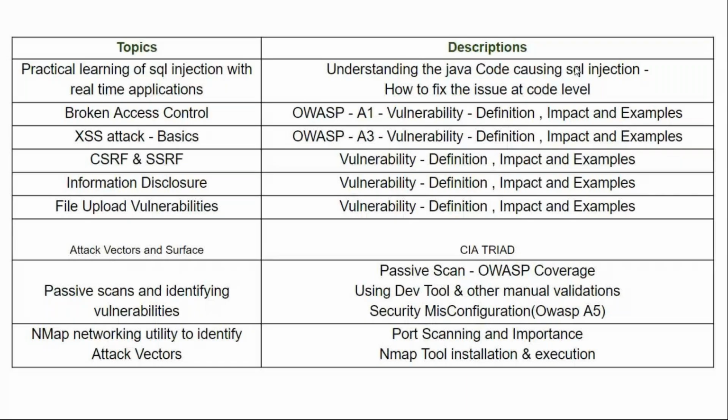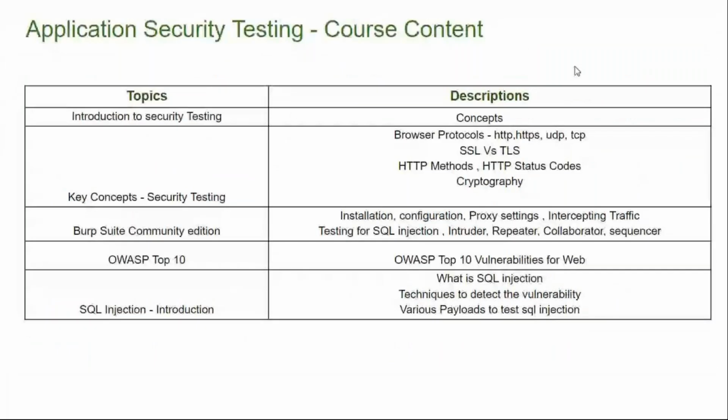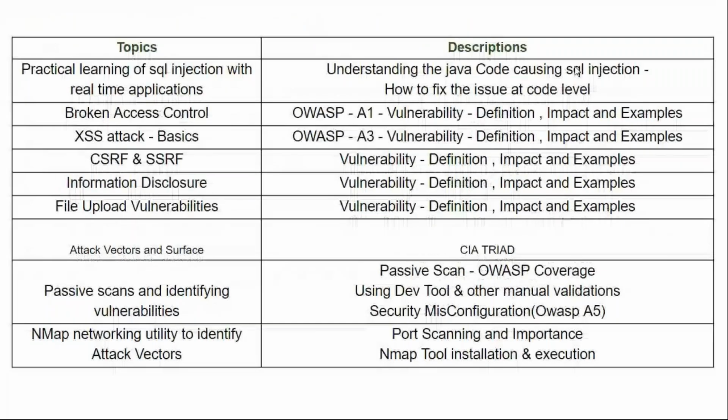Okay, so the first vulnerability is SQL injection, and then we will move on to JavaScript injection, broken access control, client-side request forgery, server-side request forgery, information disclosure, file upload vulnerabilities.